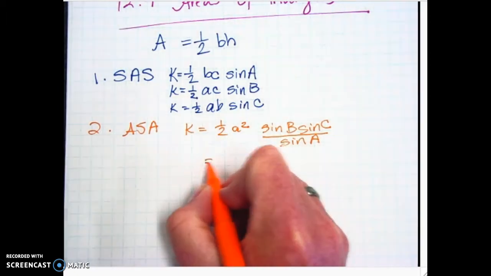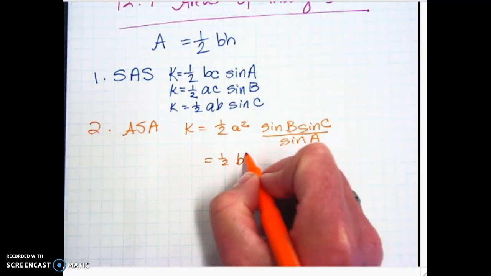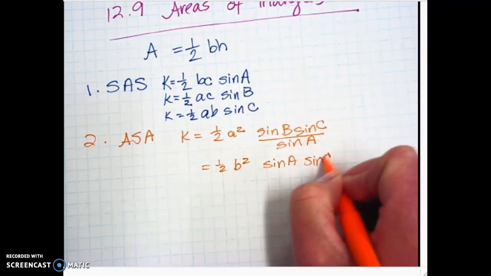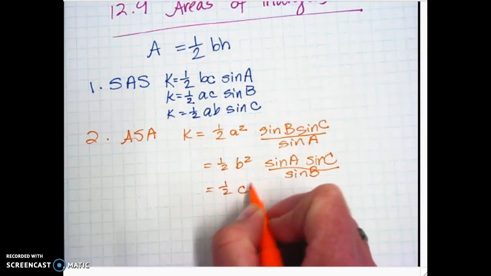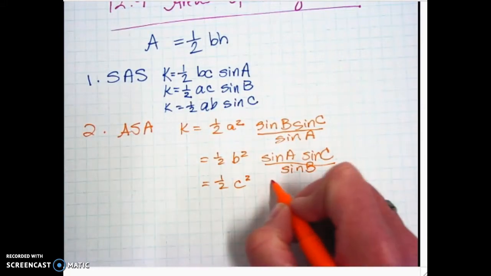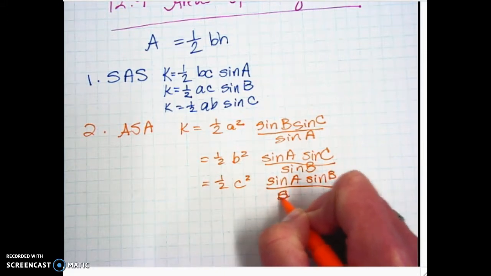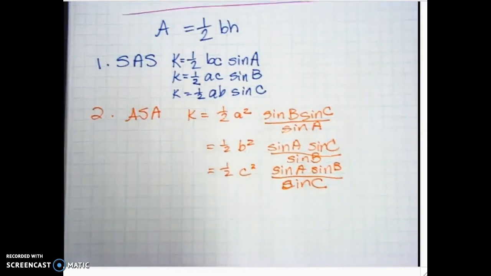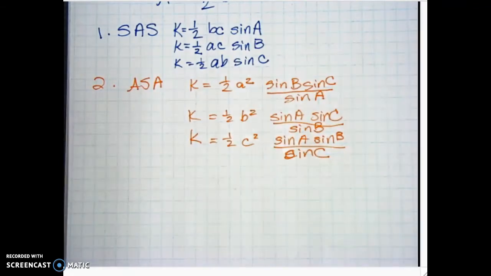Okay, so the next one. So 1/2 times A squared times the fraction? Yes. 1/2 B squared sine of A sine of C over sine of B. And then the third one is 1/2 C squared sine of A sine of B over sine of C. So those three, again, are the same.